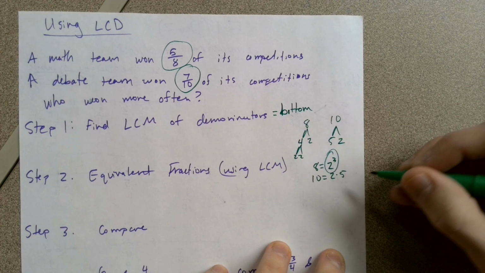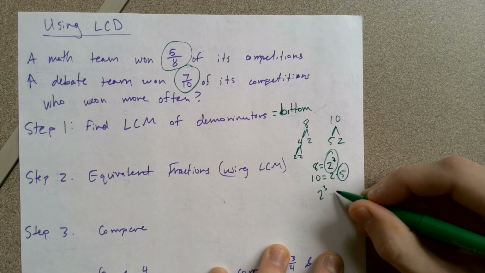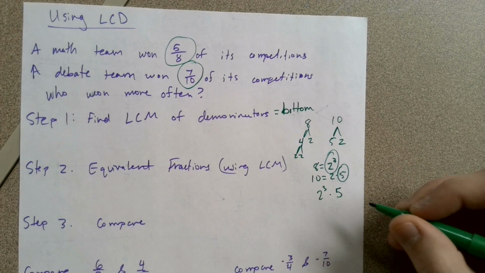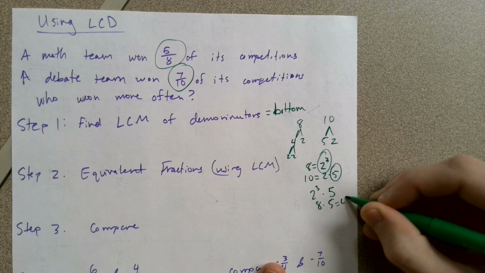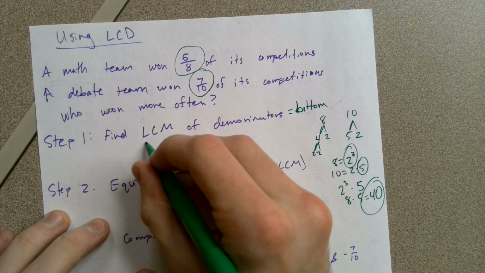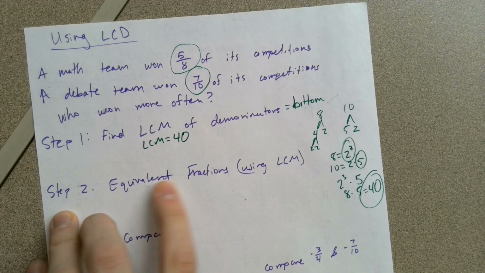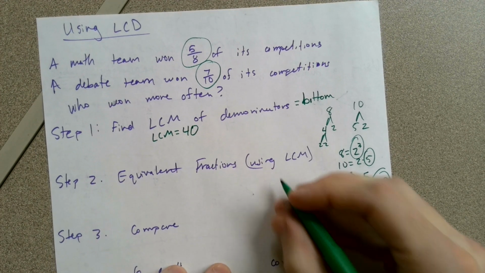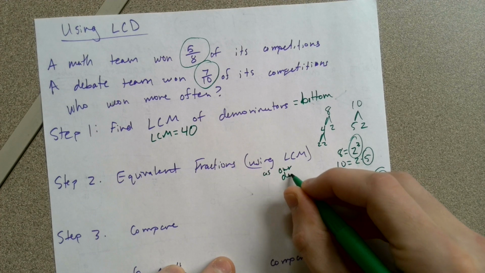For 2, it's going to be our 2 to the 3rd. For 5, we just have that one. So we got 2 to the 3rd times 5. 2 to the 3rd is going to be 8 times 5 equals 40. 40 is going to be our least common multiple. LCM equals 40.